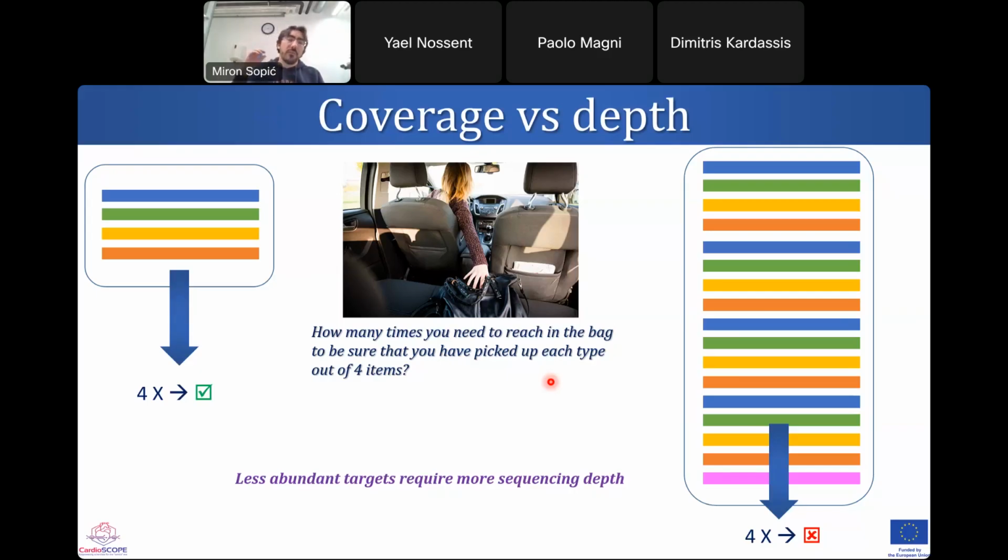So if you are interested in super lowly expressed targets, then the sequencing depth is going to be increased. Of course, with increasing depth of sequencing, the price of the sequencing per sample increases substantially. That's something to be kept in mind.